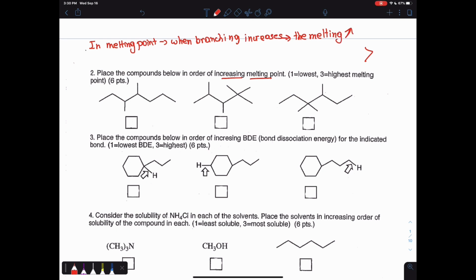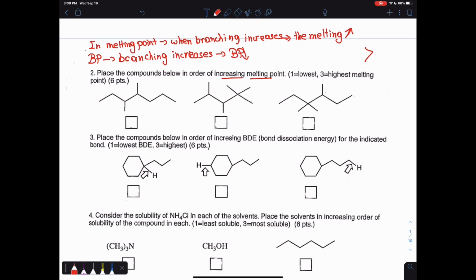If you remember, in boiling point, it's actually the opposite. When you're talking about boiling point, when branching increases, the boiling point will decrease.